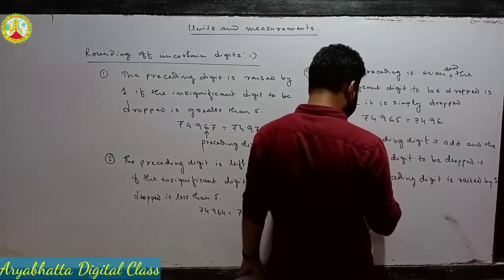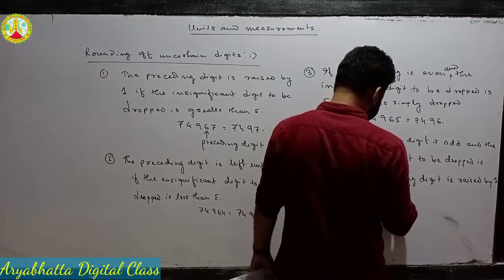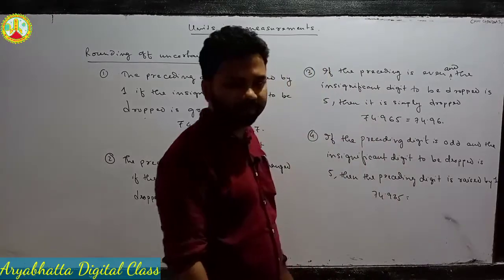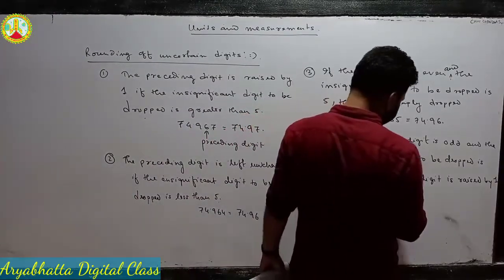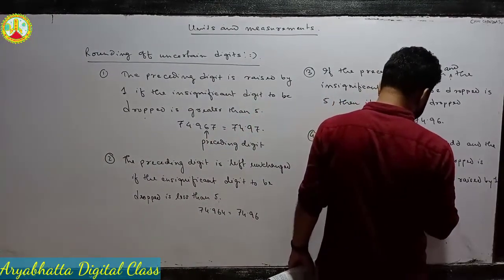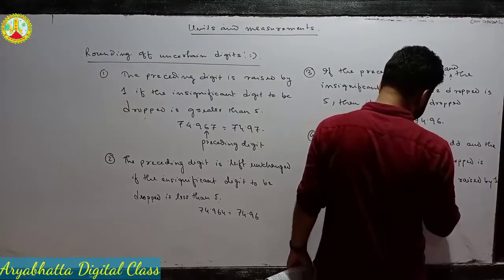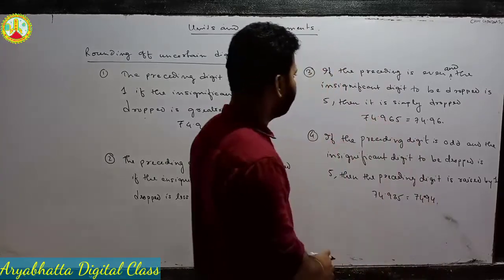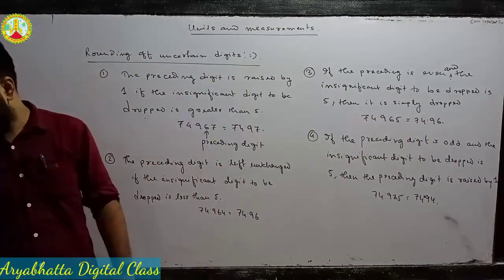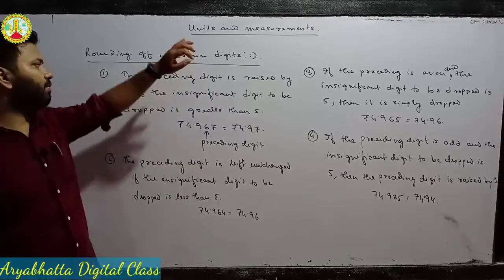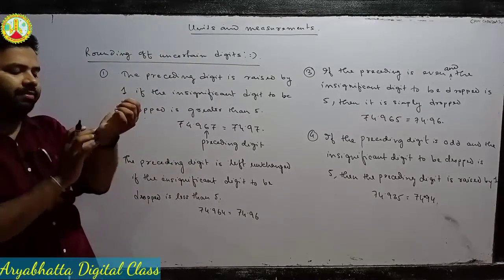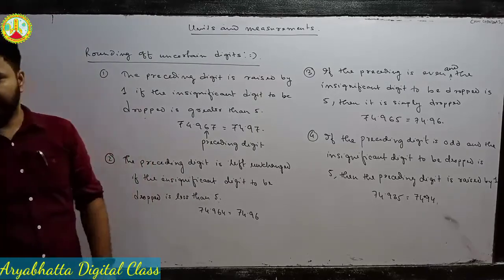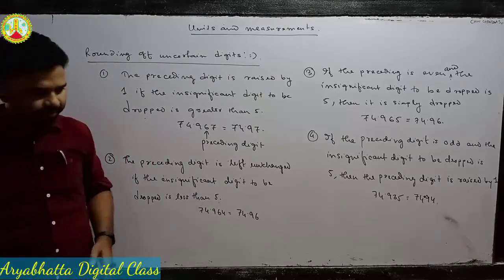For example, suppose the number is 74.935. What is the last digit that we want to drop? 5. But what is the preceding digit? It is 3, odd. So if we round it off, it will be 74.94. So this is the rule. These are the 4 rules for rounding off uncertain digits. Now we will go on to solving some numericals.